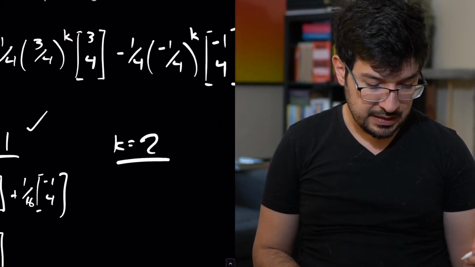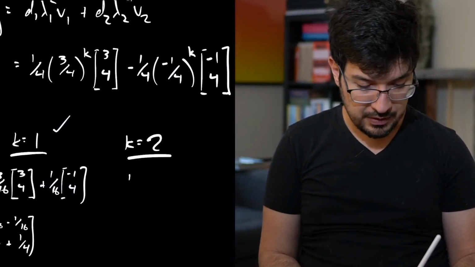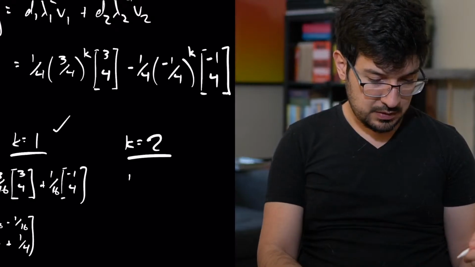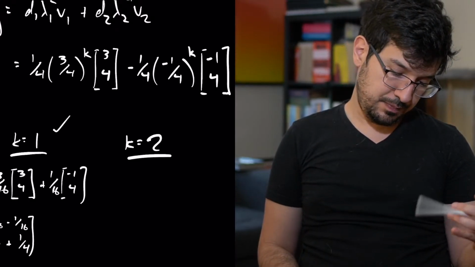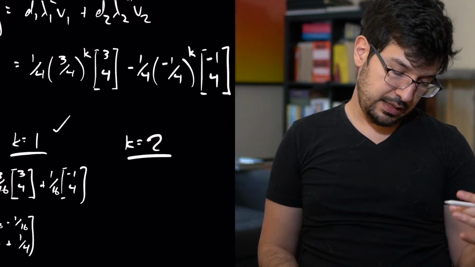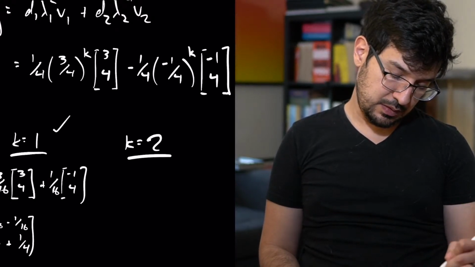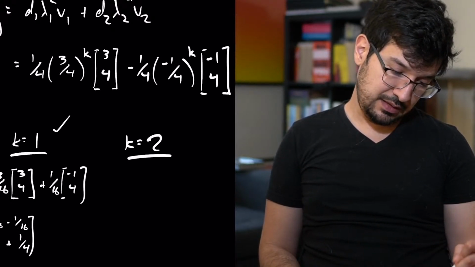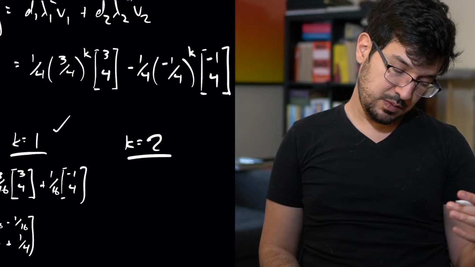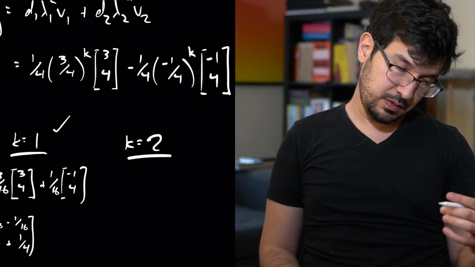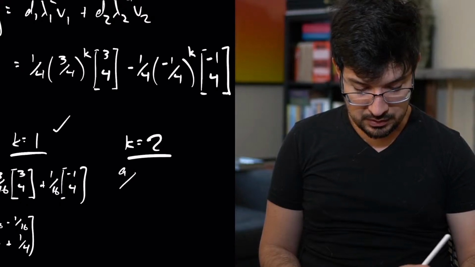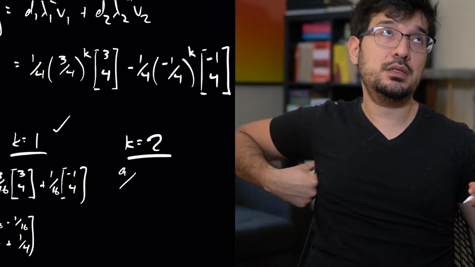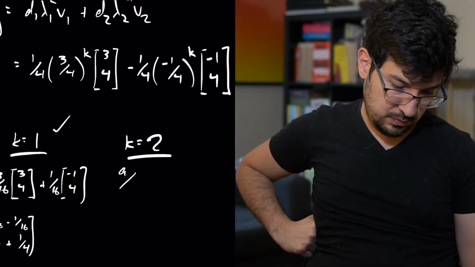And then when k is 2, we have 1/4 times 9/16. 9/16 times 1/4, 16 times 4 is 64.